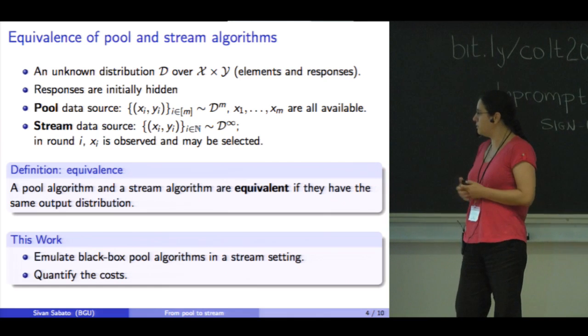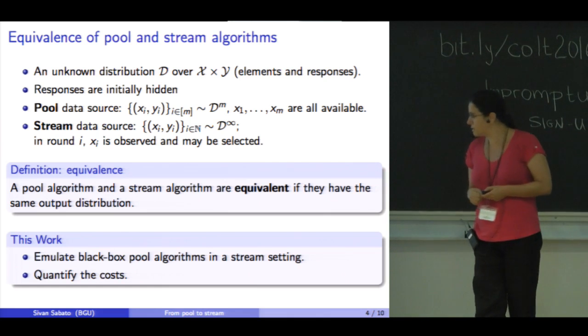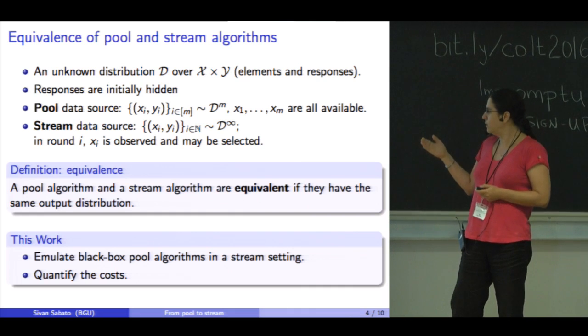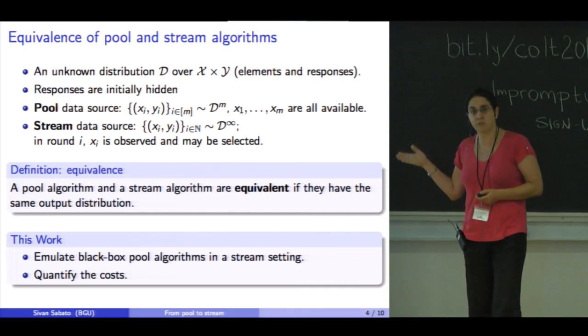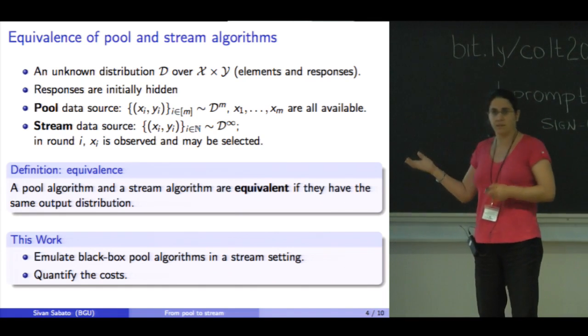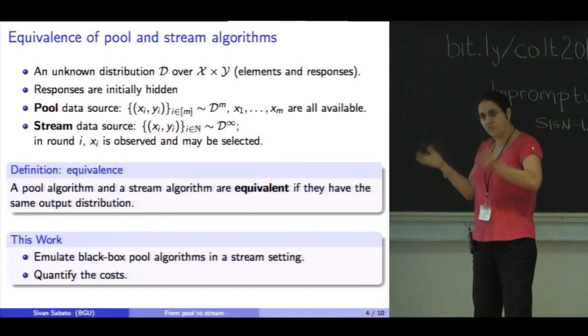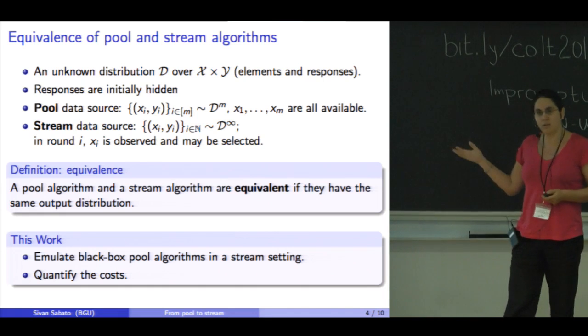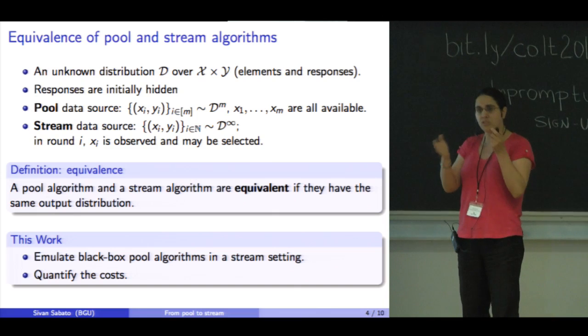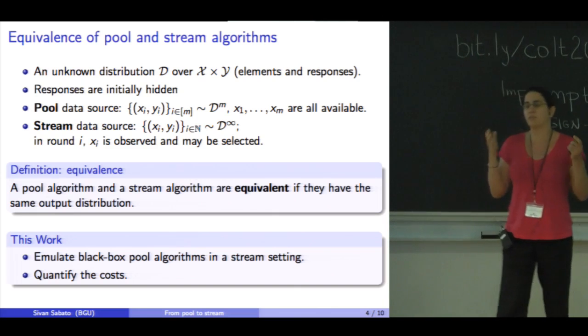And what I'm interested in here in this work is whether we can emulate a black box pool algorithm using an algorithm that works in a stream setting. So why do I care about that? Because if I can do that, this means that I can take any pool algorithm and use it in a stream setting. And if the cost, which I will consider in a moment, is small, this means that the difference between the pool setting and the stream setting is not too large.